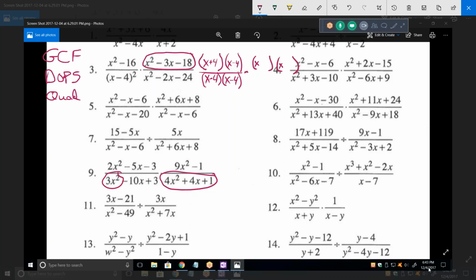No, I couldn't get a negative number if that were true. Because in FOIL, the last two numbers are multiplied together. So if I'm looking at negative 18, remember, factoring is the reverse of foiling. So when you see a negative 18, the only way that could happen is if the signs are opposite.